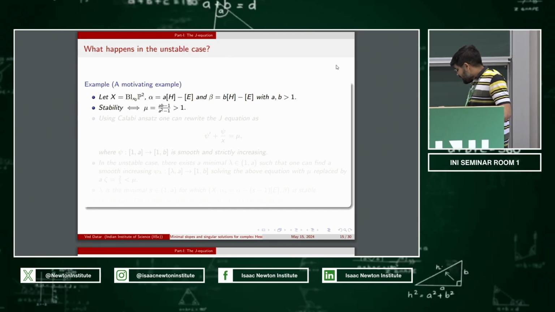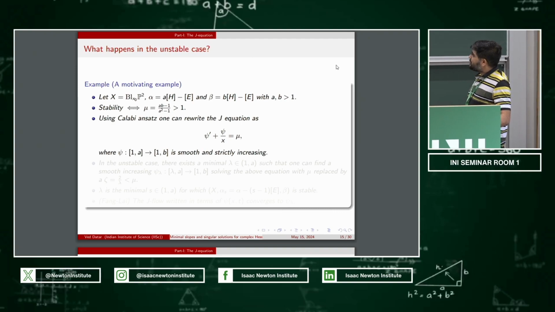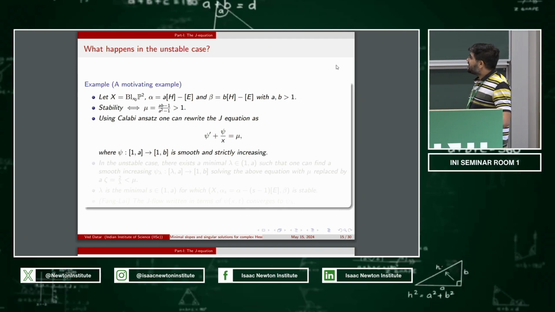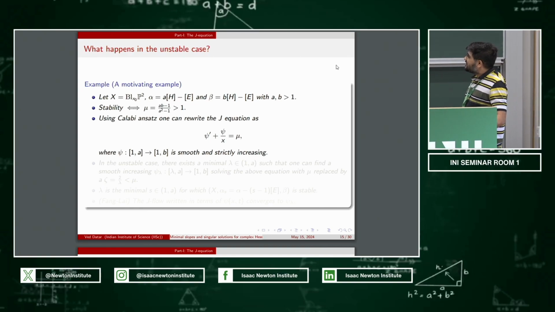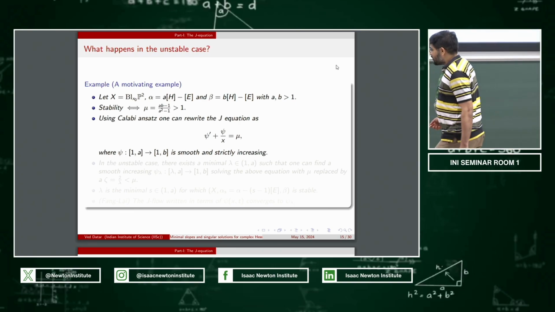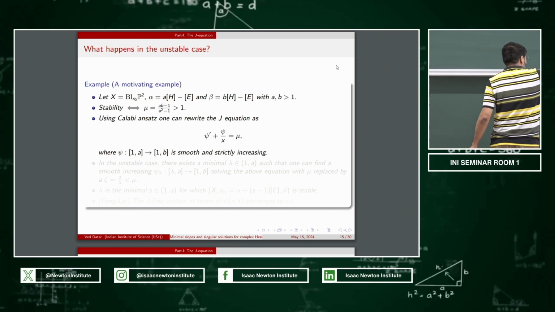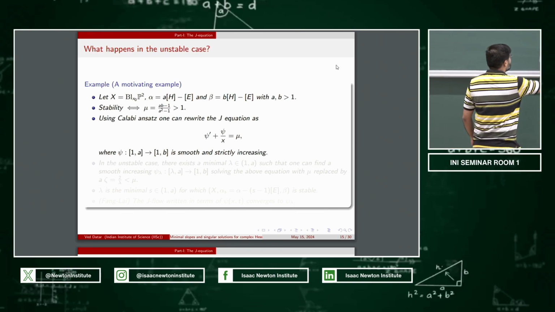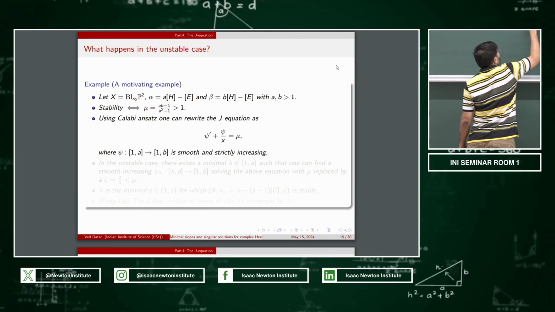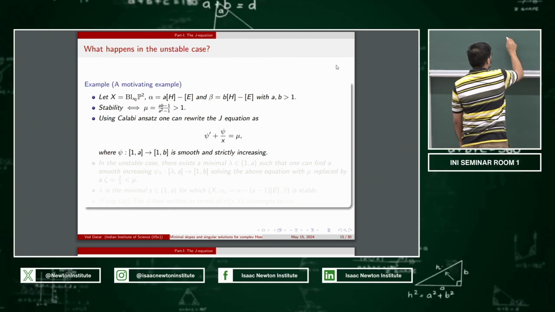So then the idea is to try to use Calabi Ansatz to reduce the PDE to an ODE, and it turns out that it's a very simple linear ODE. So this is not the usual kind of ODE that we solve using Calabi Ansatz. The point is that you can write omega as dd bar of u of rho, where rho is this.